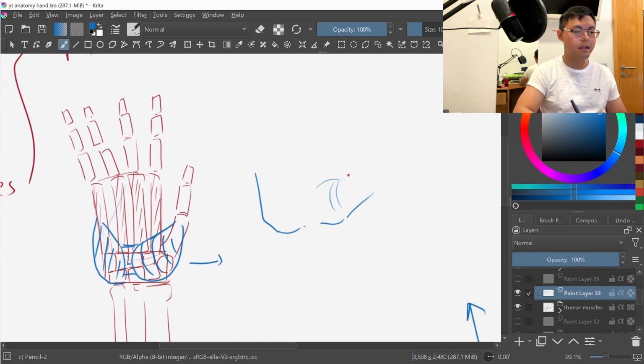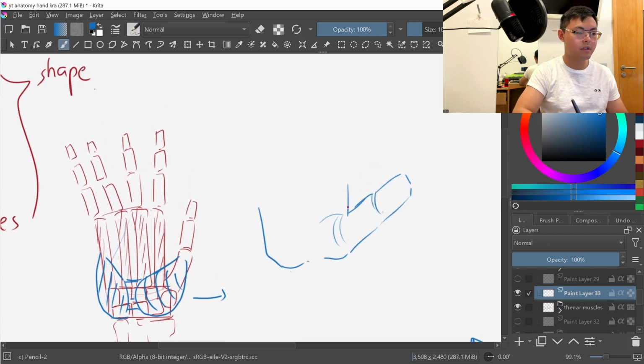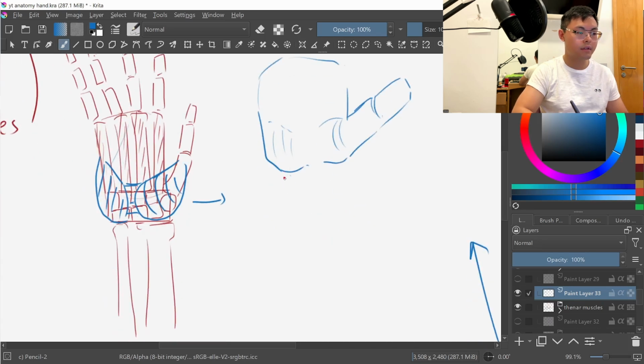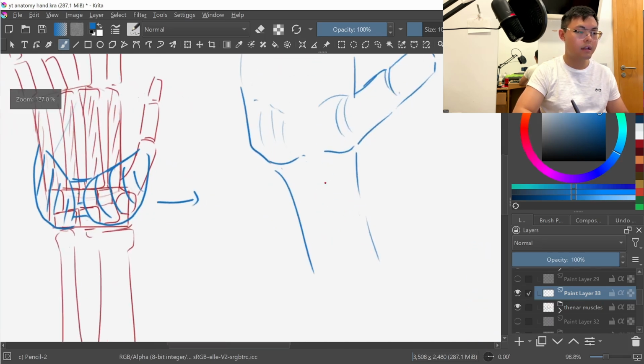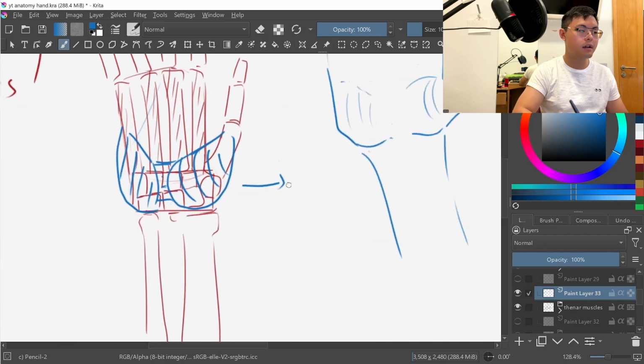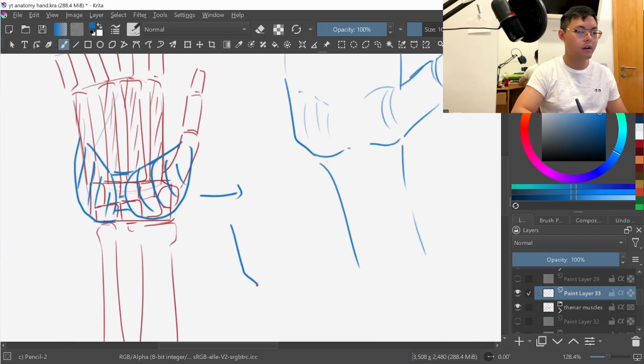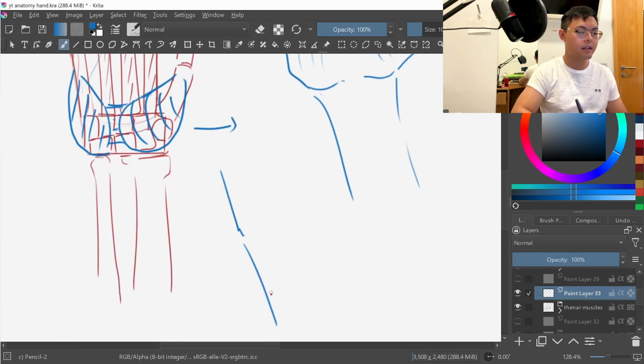And maybe let's draw this thing, and don't judge me, okay? Like that, like that, and then like that. So it's not just a straight line up and then like that.